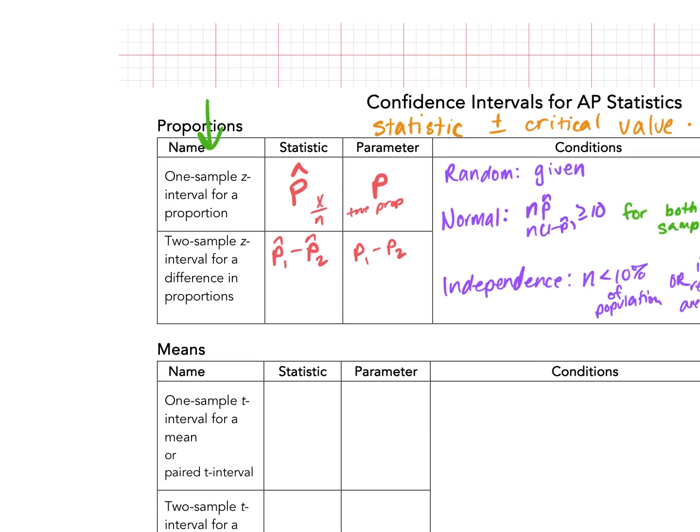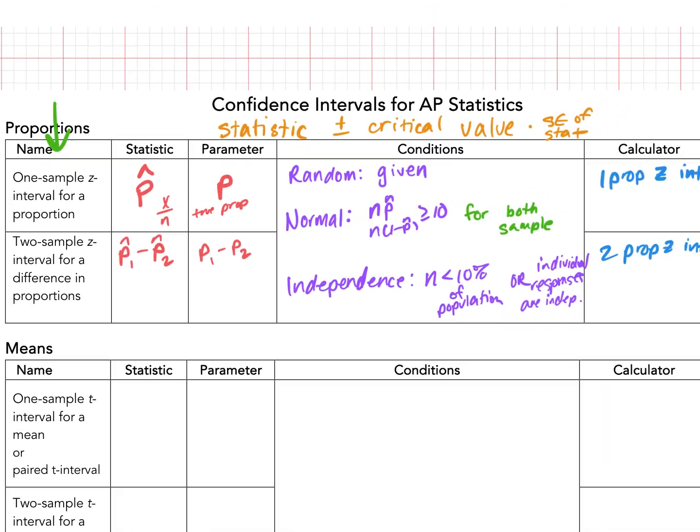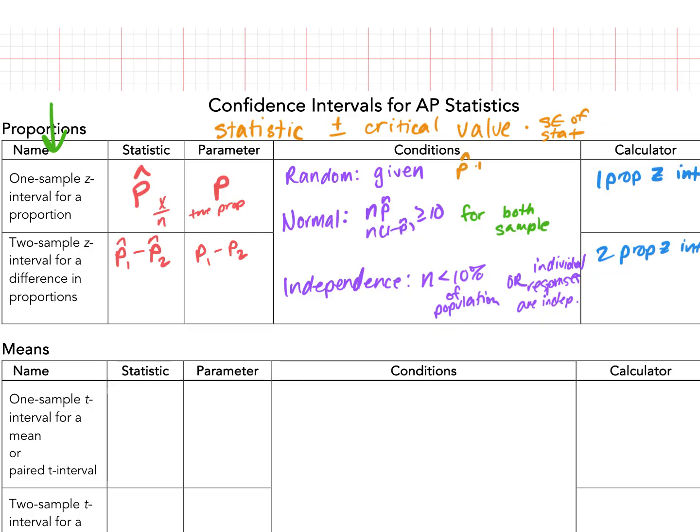That would look like, it's probably P hat plus or minus Z star times the square root of P hat times 1 minus P hat over N. For the other one, it would be your statistic P hat 1 minus P hat 2 plus or minus Z star. I need to do better about spacing.